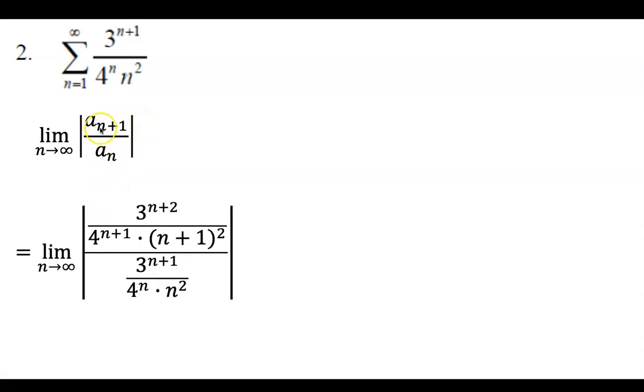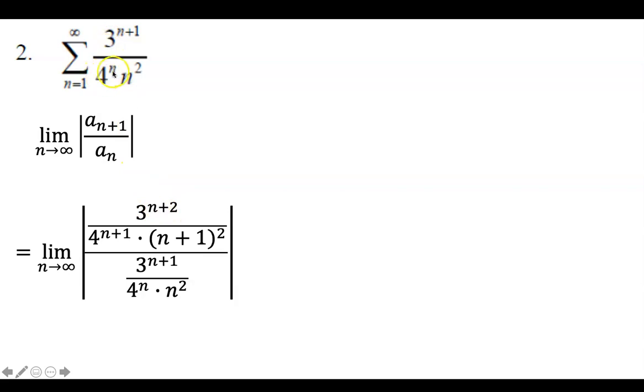So here's where the messy algebra happens again. To set this up, to find the n plus 1 term, I just go and replace every n with an n plus 1. So if I have 3 to the n plus 1, and I'm replacing n with n plus 1, that really gives me 3 to the n plus 2.